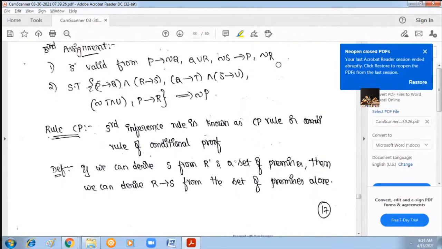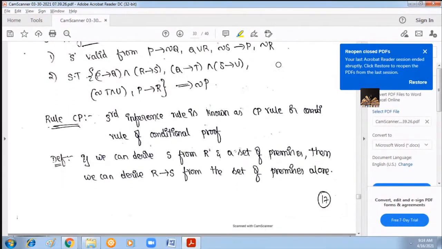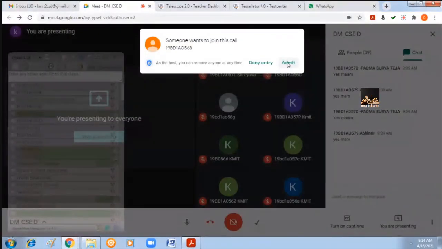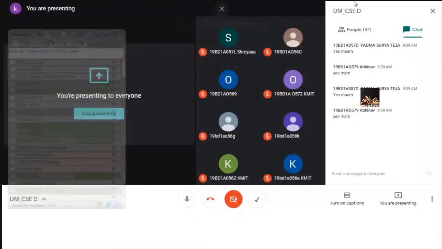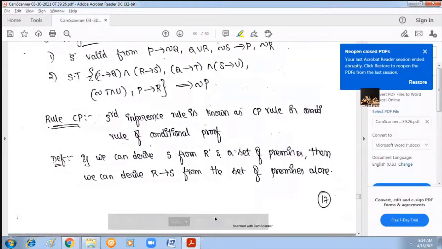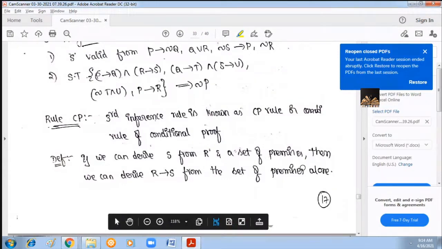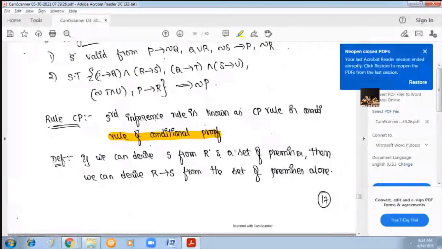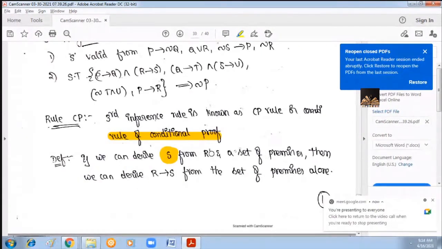Next, along with rule P and rule T, you have one more rule, that is rule CP. This rule CP is also known as the rule of conditional proof. Now what is rule CP? Let us suppose you are able to derive S from R and a set of premises.